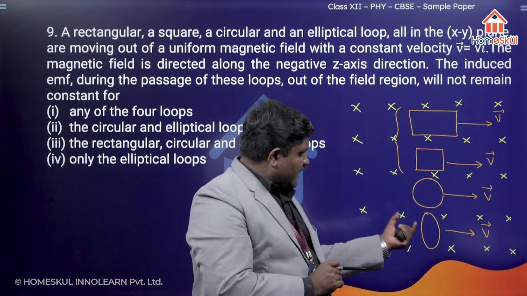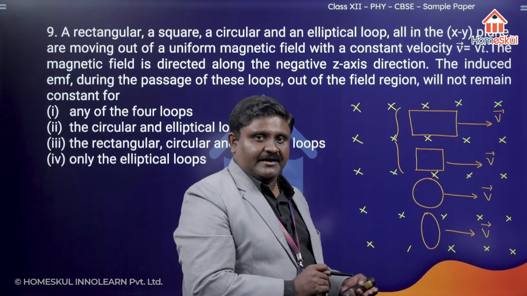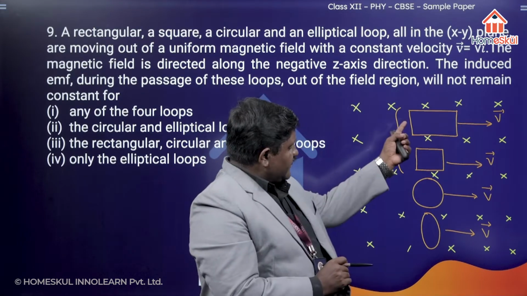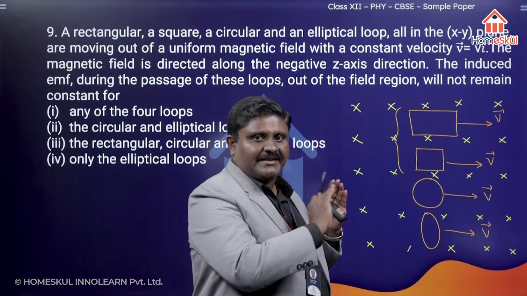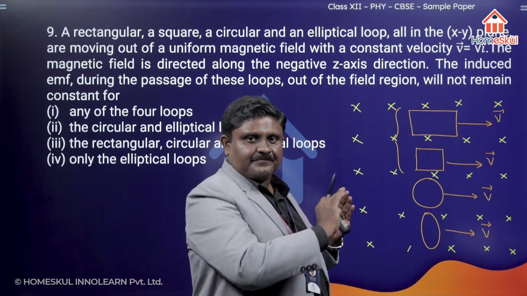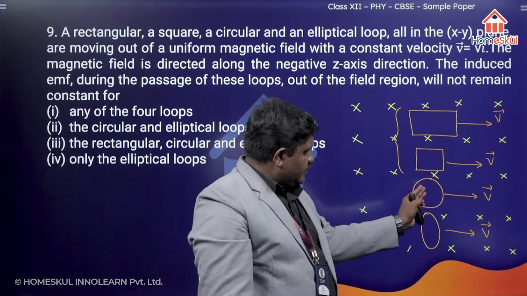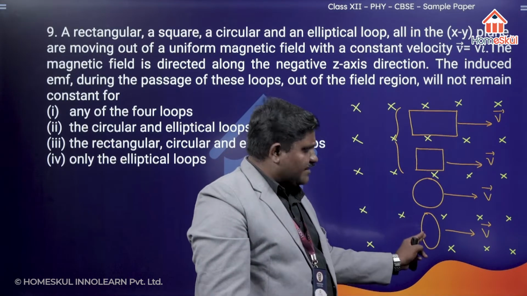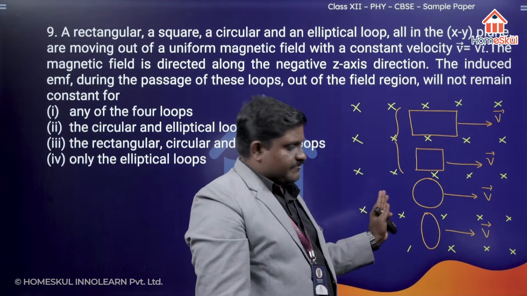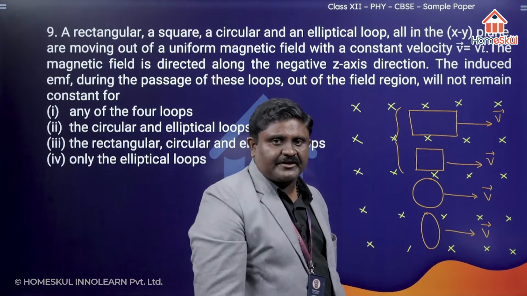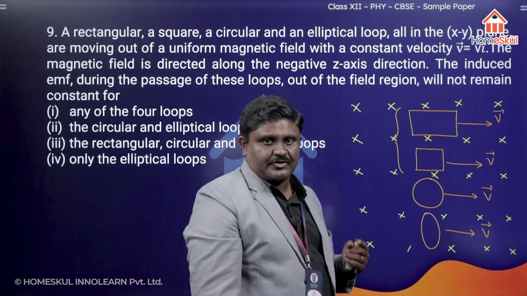Then what about the circle and ellipse? The area is different, right? In the case of rectangle and a square, the area per time is constant, right? But here, circle and ellipse, what happens when it moves out of this magnetic field? The area will change.